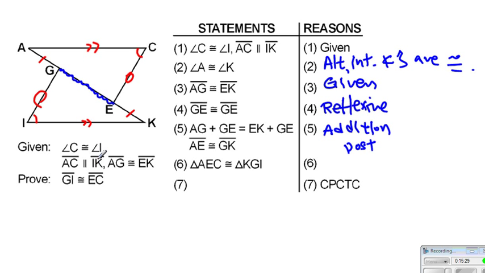Oh, these are parallel. So when they're parallel, angle A must be congruent to angle K, which was written right over here, which we didn't write here. So therefore, what we are looking at is angle, another angle, and a side: angle side angle. And then at the end, we can write down GI must be congruent to EC. And that will be CPCTC.